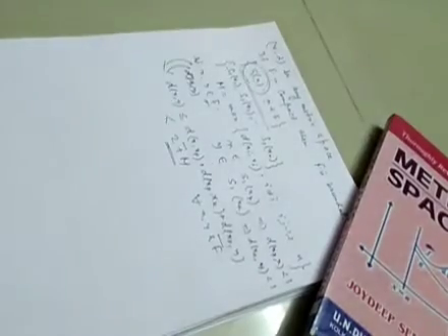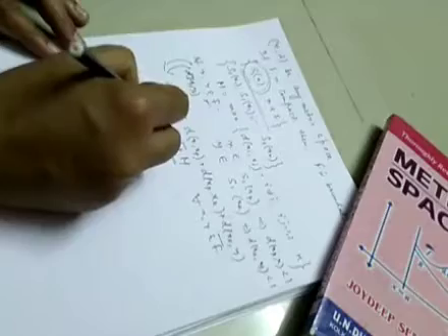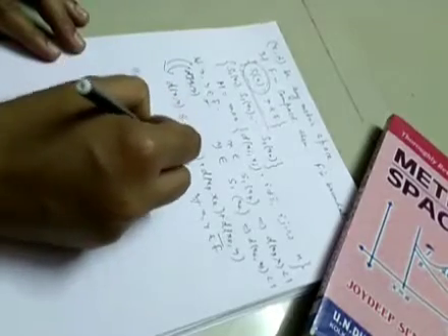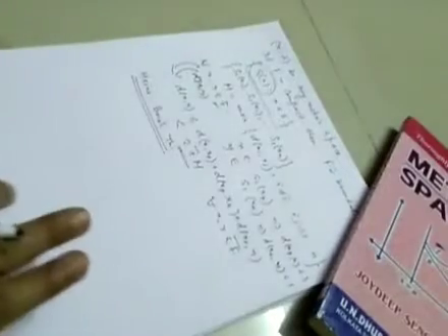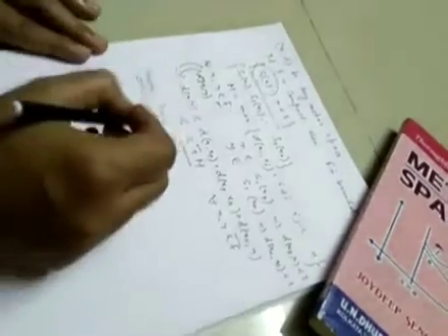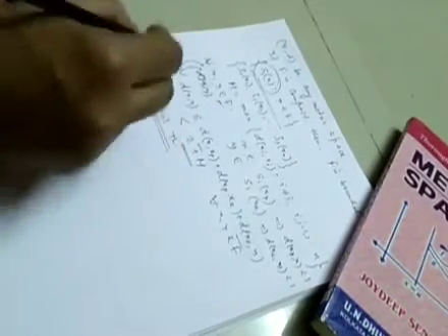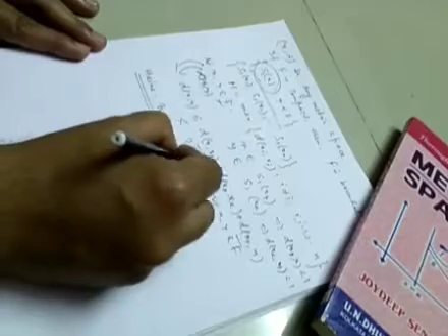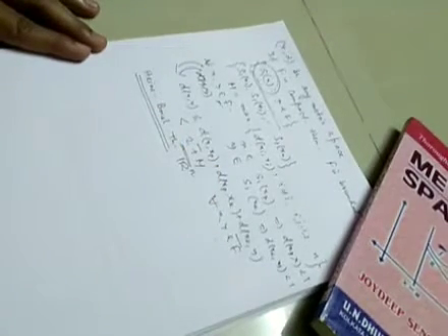Now next, the Heine-Borel theorem. The Heine-Borel theorem is for R^n. In R^n, every closed and bounded set is compact.